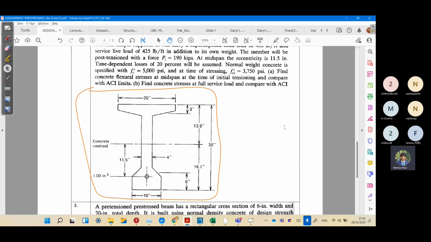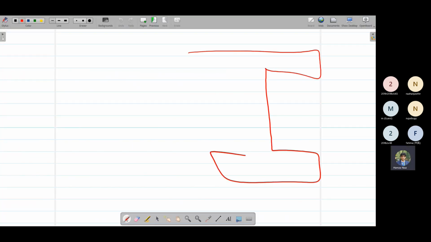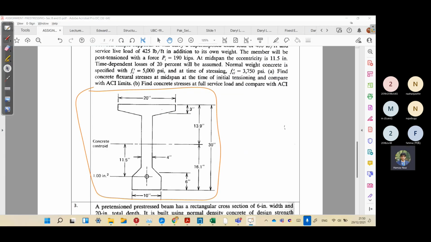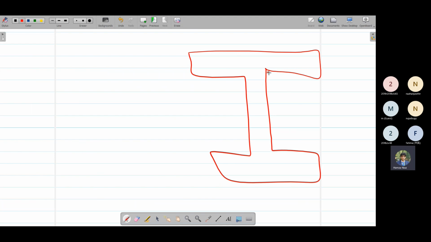So to calculate this area, we can make this an I section. This is 3 inches its depth and 20 inches. They have given its average height for this curve, so we can take this as rectangular also.